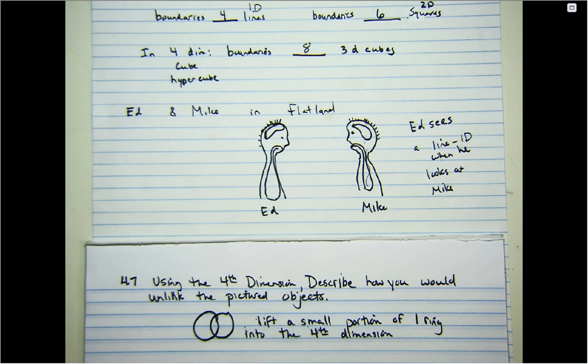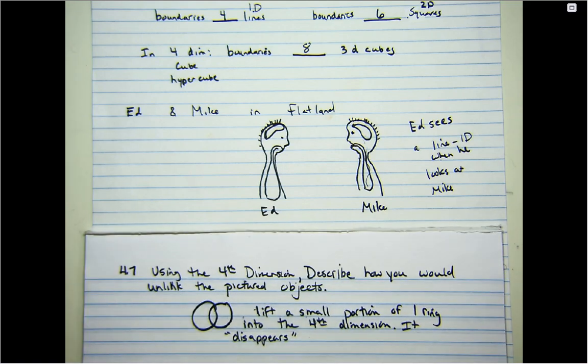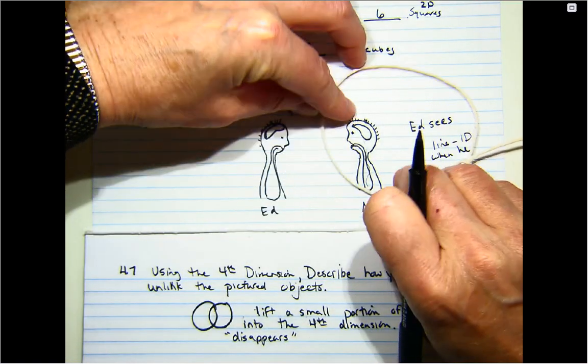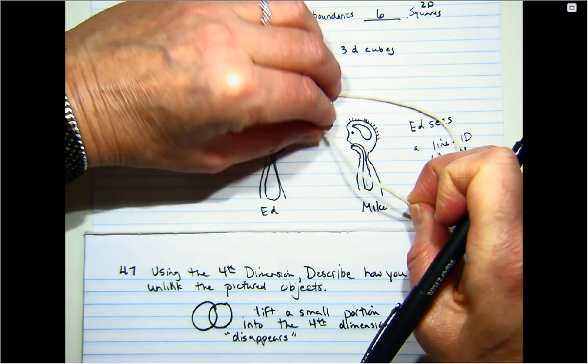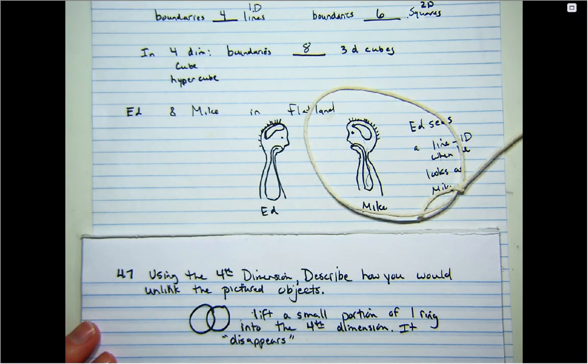Well, if it does go into the 4th dimension, it disappears from the 3rd dimension. I'll put disappears in quotes, because just like Mike with the lasso, Mike can't see it anymore, but it's there. So it disappears from the 3rd dimension.